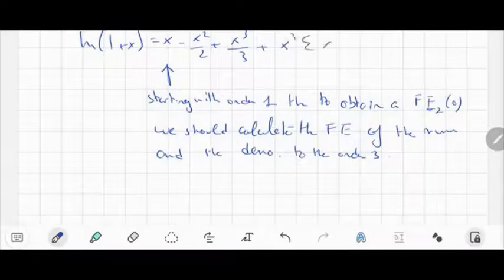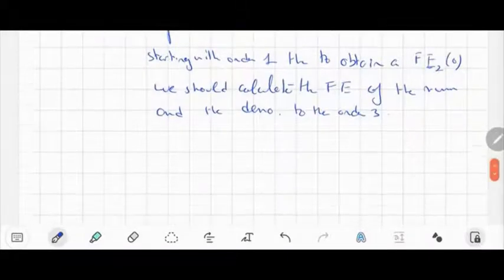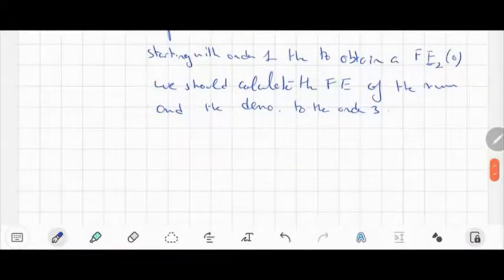Now for the numerator we have e^x minus 1 minus 3 sine x.